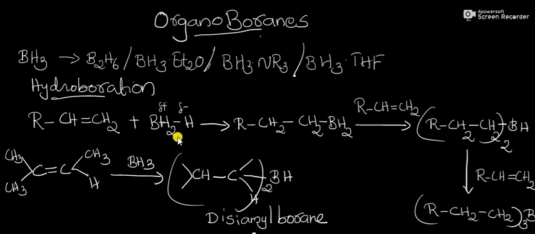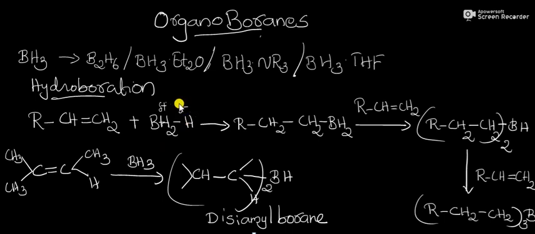Here BH3 can be written as BH2H. Here boron has a partial positive charge and hydrogen has a partial negative charge.